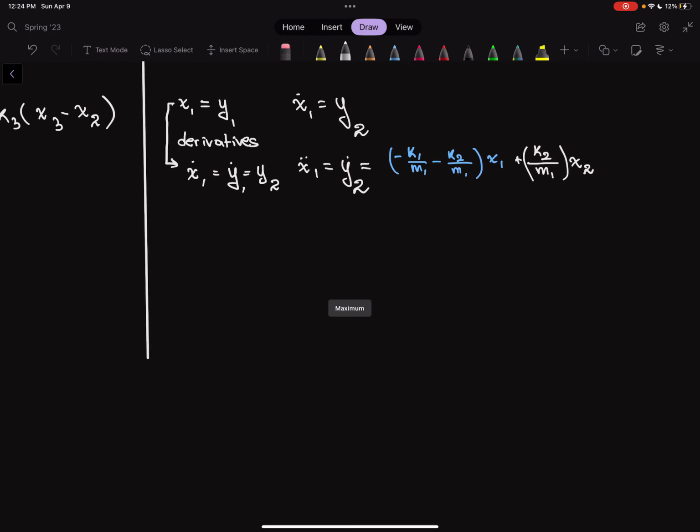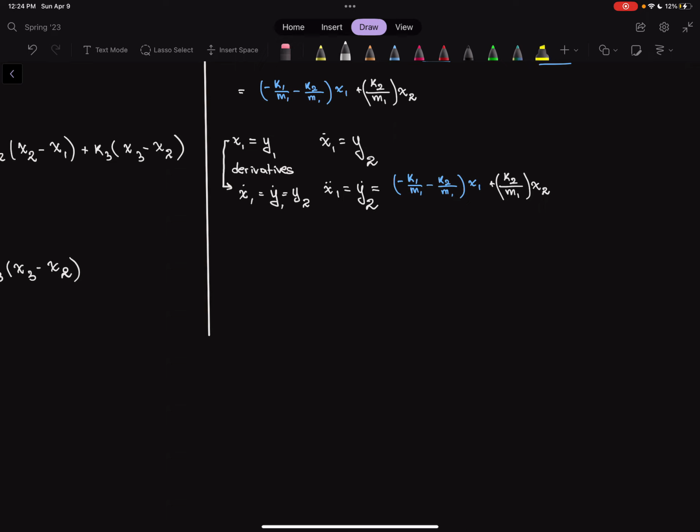So now I can rewrite this whole thing by looking at the derivative and the original thing. Now I have to redefine these two. So I have to say that x1 is equal to y1, so it's going to be y1 here.